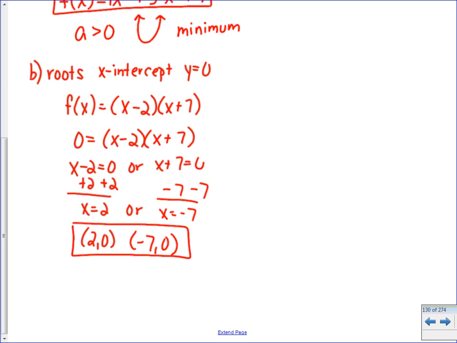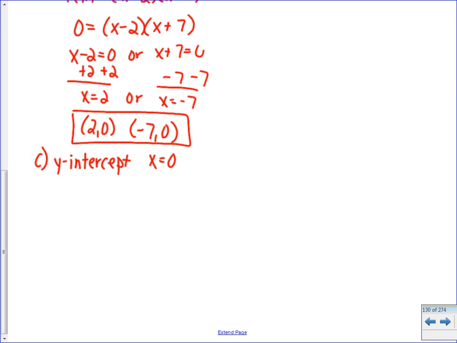The next thing that I want to find is my y-intercept. When I have an x-intercept, I know that y is equal to 0. When I have a y-intercept, I know that x is equal to 0. So I'm going to take my equation, f(x) is equal to x squared plus 5x minus 14, and I'm going to substitute in 0 for x.